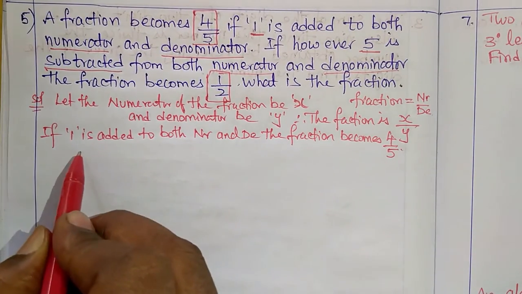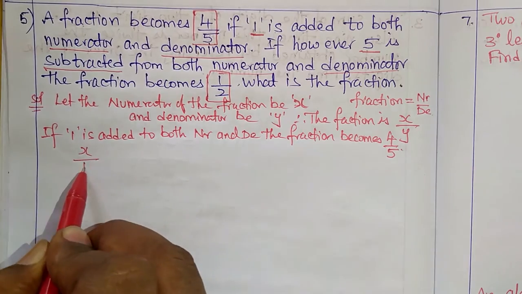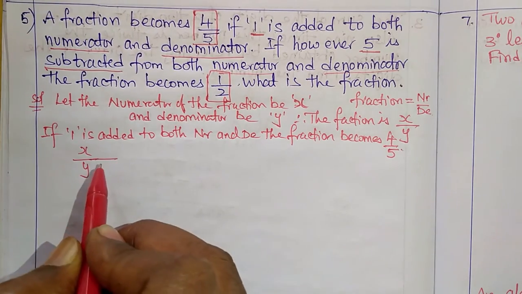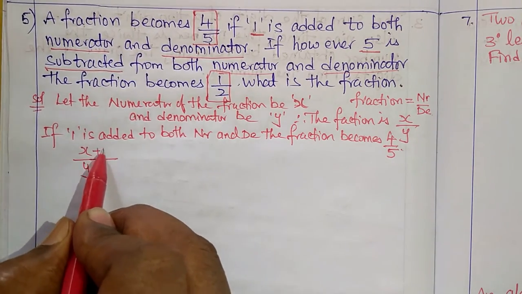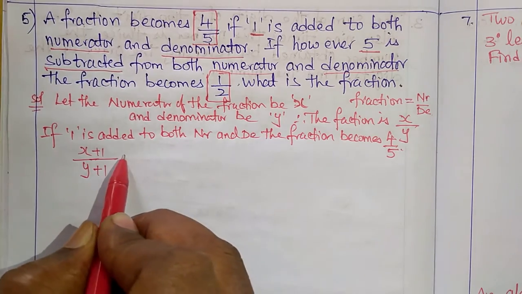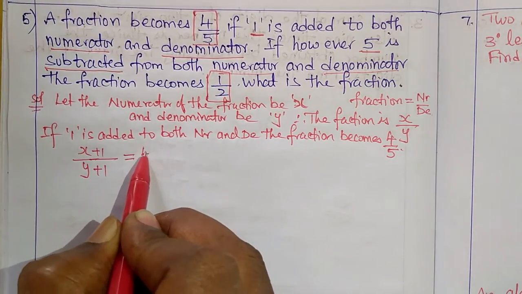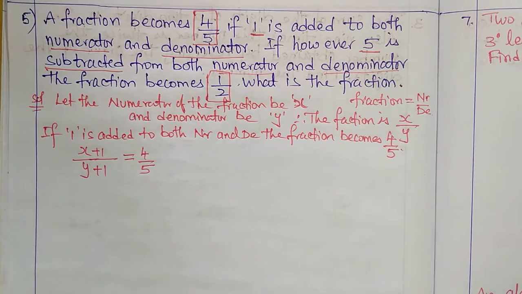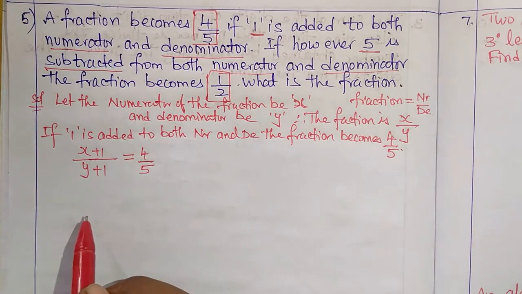According to the condition, the fraction that we have assumed is x by y. 1 should be added to the numerator and denominator, and the value of the fraction becomes 4 by 5. So this is the first condition.